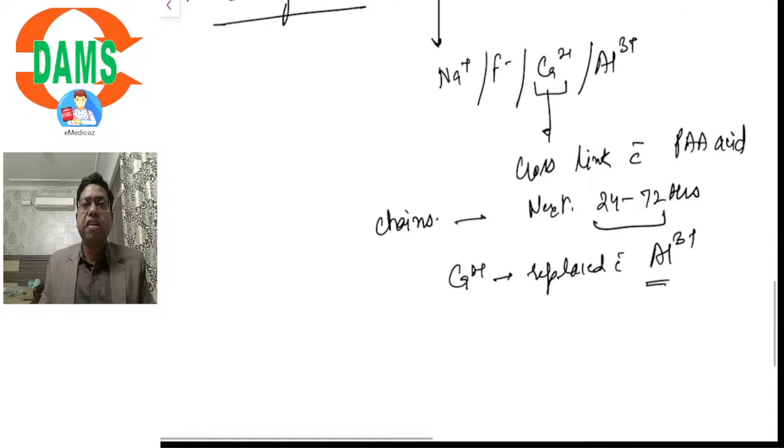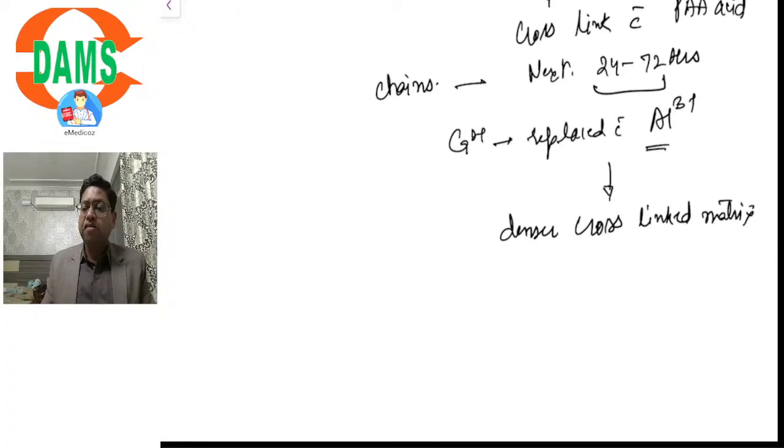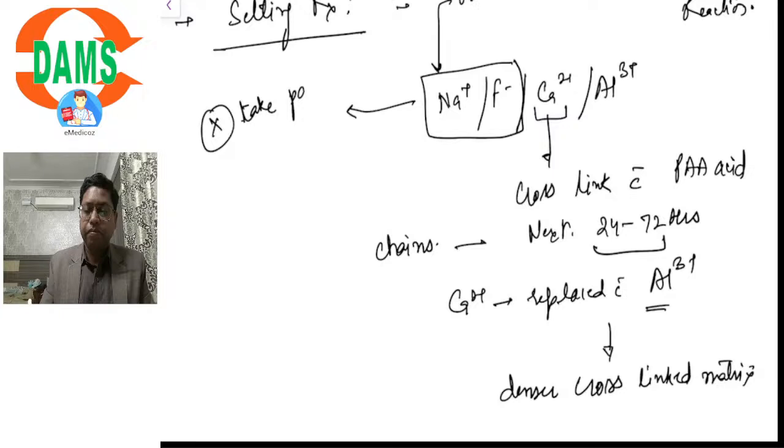The calcium ions that are initially cross-linking with the polyacrylic acid chains would be replaced with aluminium ions, and this forms a denser cross-linked matrix. It is important to note that out of the 4 ions which are liberated, the sodium and fluoride ions do not take part in the reaction. Only the calcium and aluminium ions take part in the reaction.